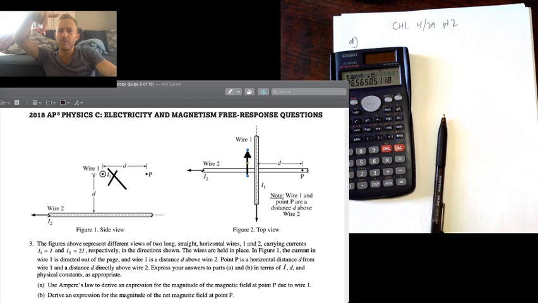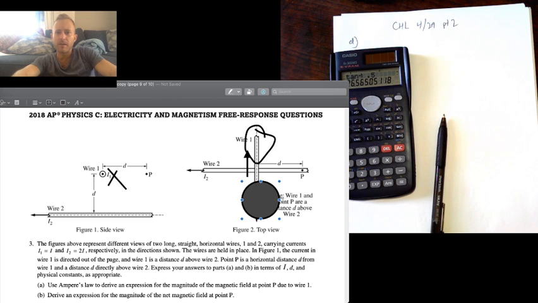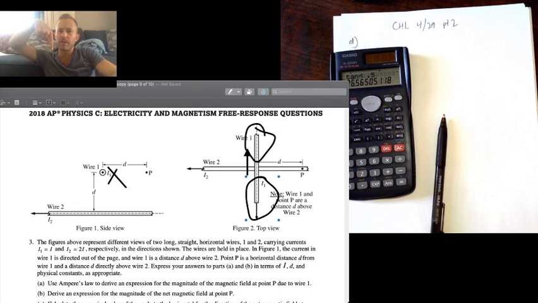Man, this one's kind of hard to visualize. I got to do the right hand rule. Basically, you want to do the right hand rule for this half of the wire, and then you want to do the right hand rule for this half of the wire. Okay, so I got my current going this way, and then I've got a magnetic field that points like this. So this part of the wire is going to have a force that goes that way.